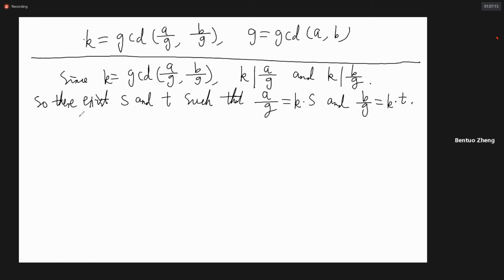Okay, if we multiply by G, we get A is equal to K times G times S, and B is equal to K times G times T. Of course we can put the parentheses here.